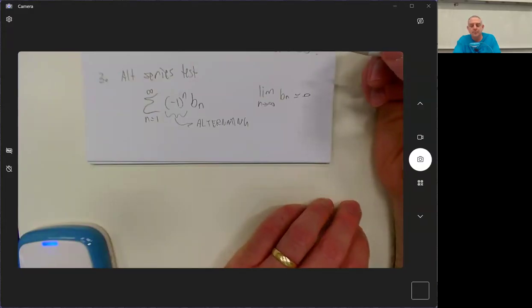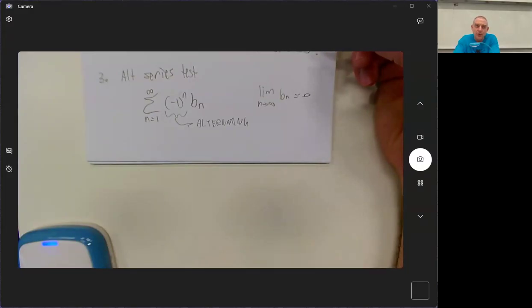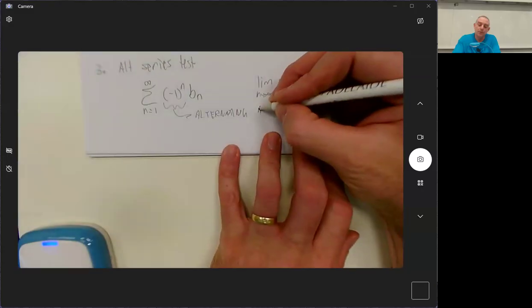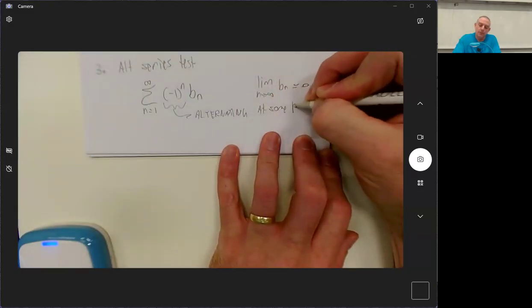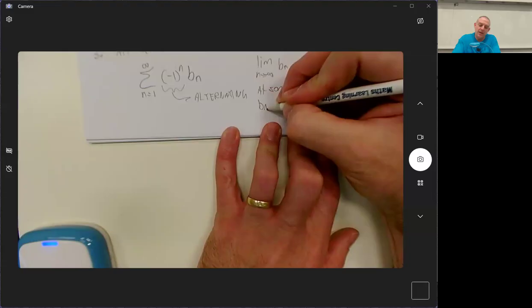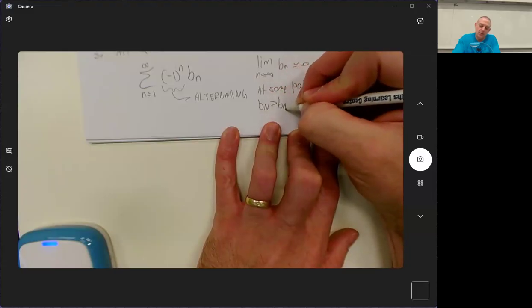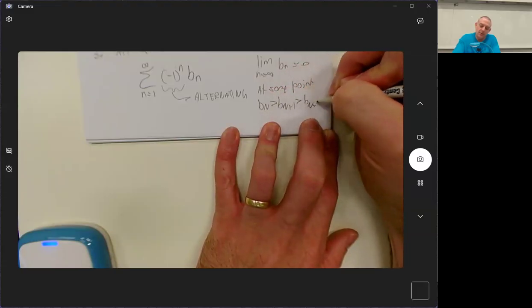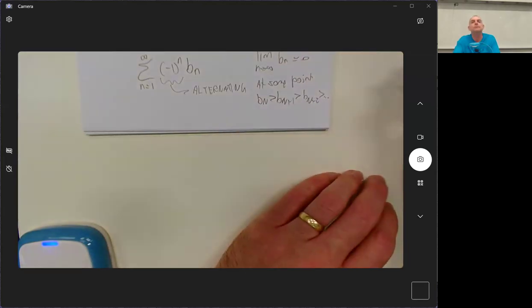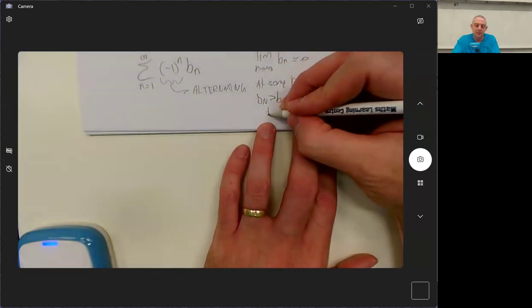And also, not just go to 0, but go to 0 in such a way that each term is less than the one before. At some point, Bn is greater than Bn plus 1 is greater than Bn plus 2 forever. So decreasing.